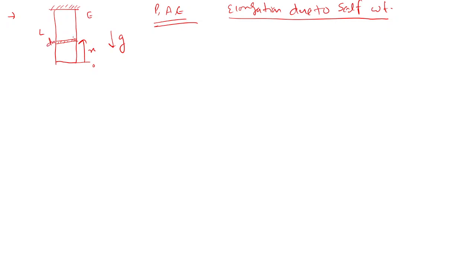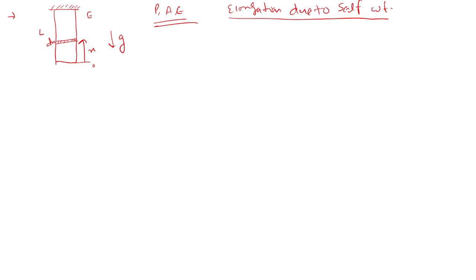As we go up, the mass downside to this element would be more, right? Whatever element we have taken, whatever mass is downside of that part is the load acting upon that element. This we have to think.